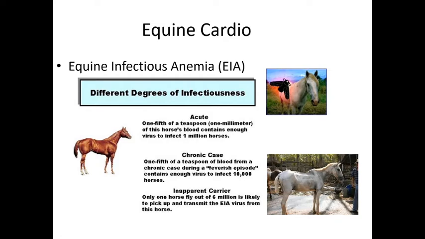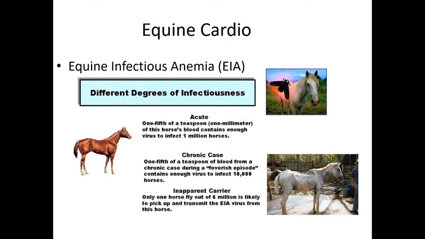So an animal that is actively ill from this anemia, if a biting fly jumps on it, it will pass it along to another horse within a 200-yard radius. So if you have an animal that's infected on your property, chances are everybody else on that property is going to get infected as well.